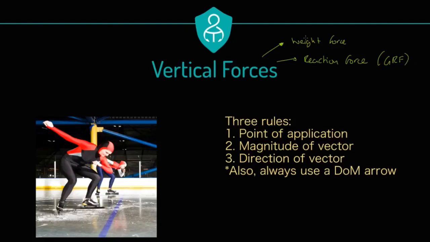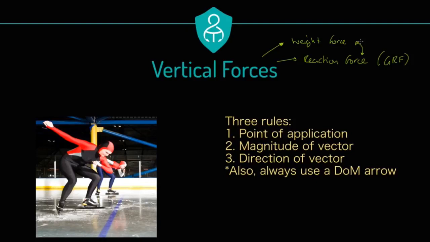And then what we really want to be able to do is illustrate those on a range of different free body diagrams. But importantly, we want to look at the relationship between these and what that tells us about the movement which is being displayed in the image. So I always think we have three basic rules to follow, okay?